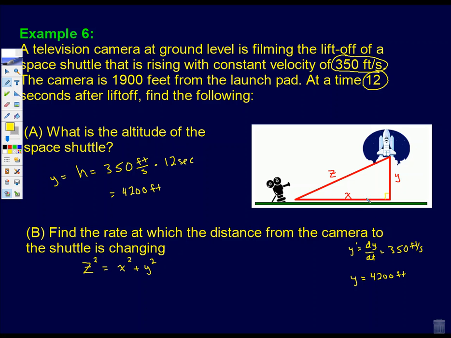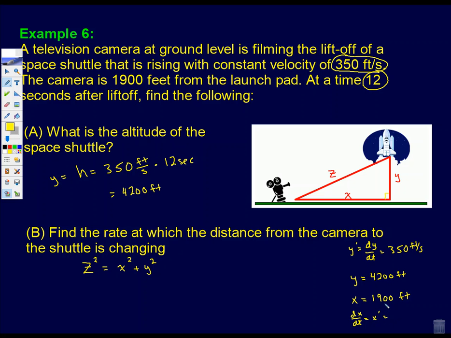Now, the bottom of the triangle represents how far the camera is from the launching pad, and that is consistently 1,900 feet. It's a good time to make a note that we actually know that one's rate, dx dt, or x prime.